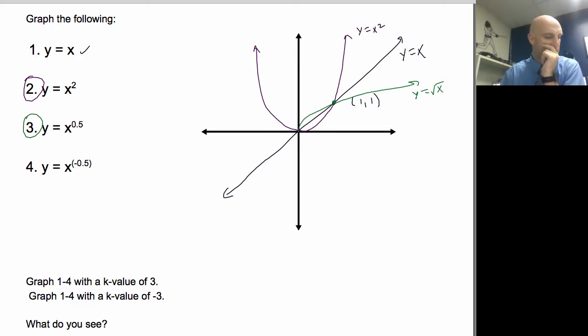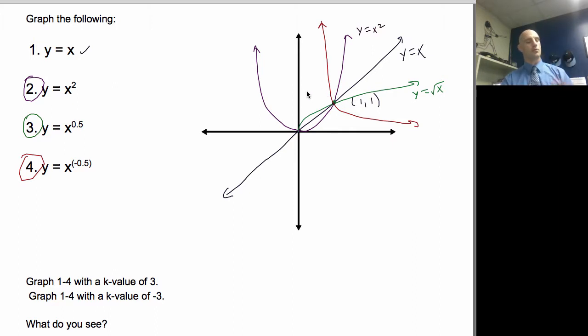And if I graph the negative 0.5x, that's going to come down this way, and it's also going to go through 1, 1. So let me grab red here. So pretty interestingly, what happens is they all go through 1, 1, and they're related, and they've got this delightful symmetry.